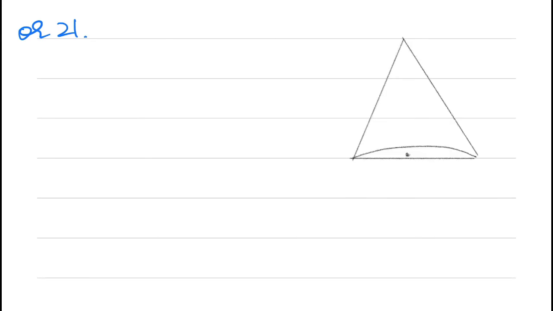Base diameter is 24, so I can say radius is equal to 12 meter and height is equal to 3.5 meter. We have to find the volume of rice, and also the canvas cloth which would cover the heap. So basically we have to find the curved surface area.